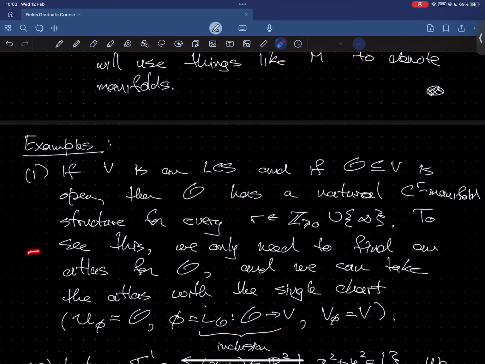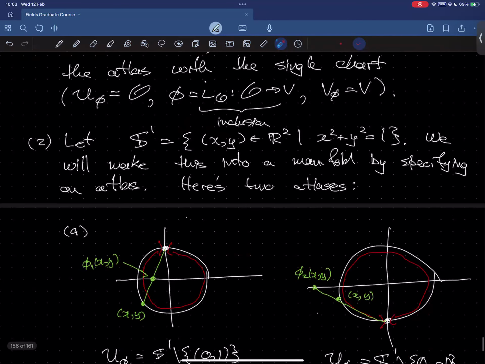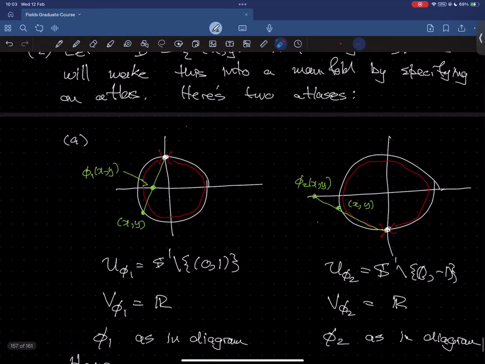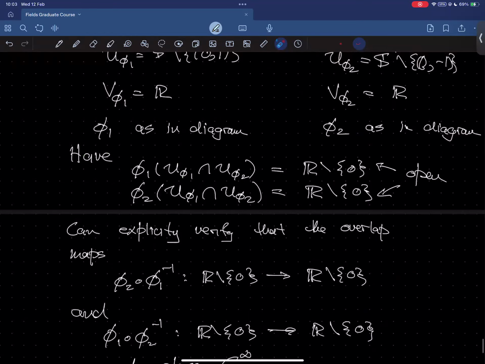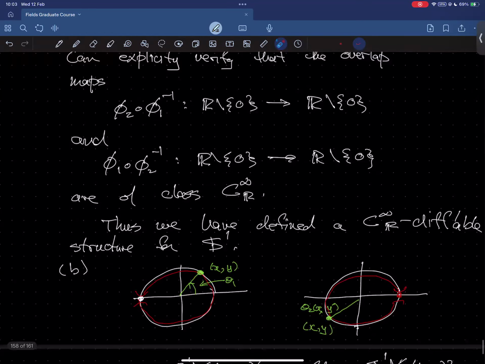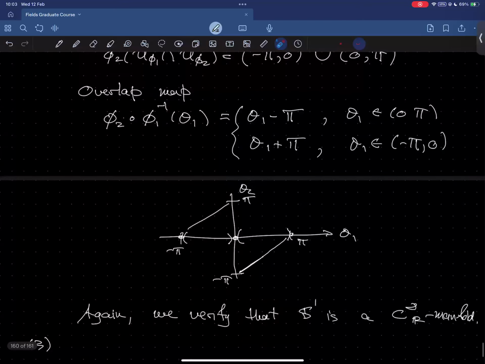So this one's kind of boring for that reason. It's also a little bit tedious to write things down explicitly, but it's a very simple elementary example, and it's finite dimensional, one dimensional. So let's look at something that's a little bit more interesting.